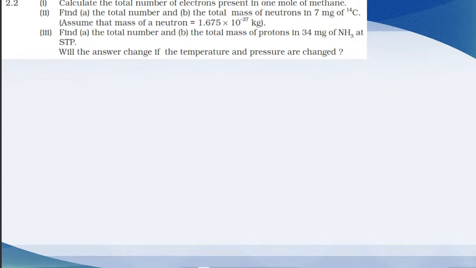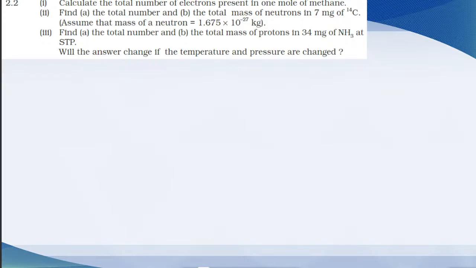Next, question number 2. Calculate the total number of electrons present in 1 mole of methane.